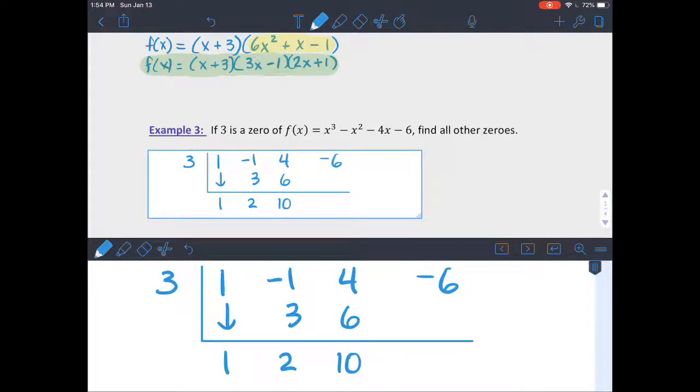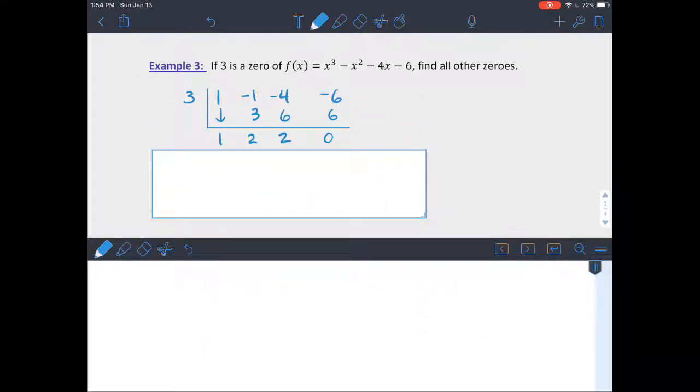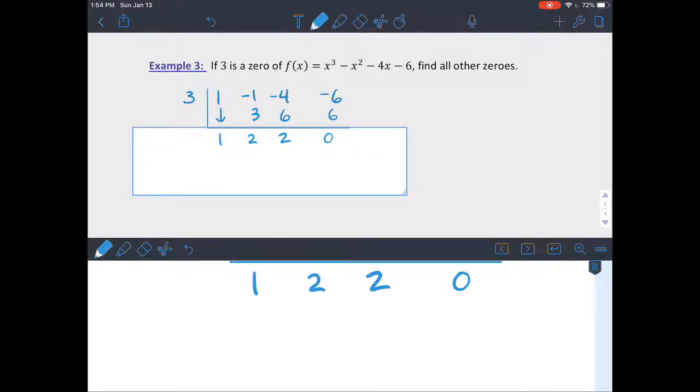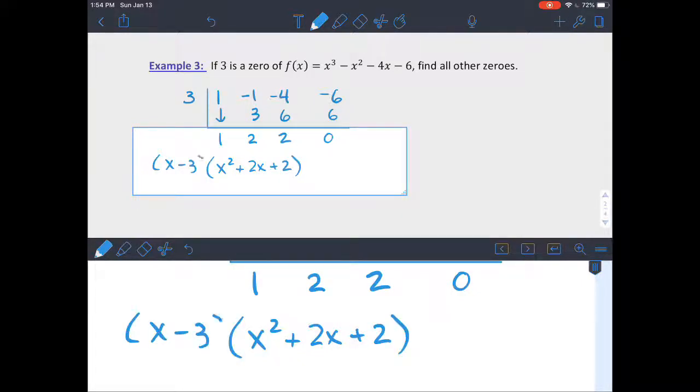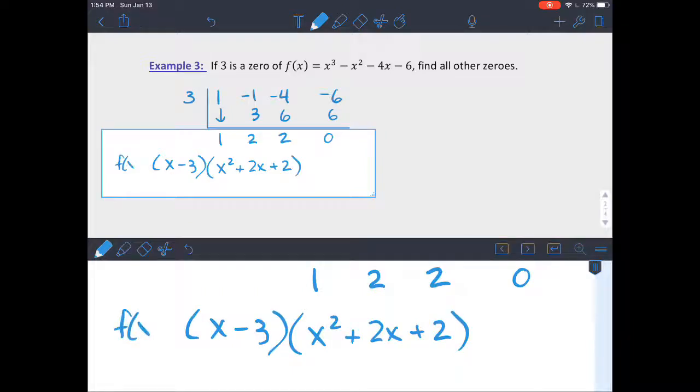And then hopefully we should get something that we can either factor and find the zeros of, or set equal to 0 and use a different method to find the zeros of. So divided by x minus 3 means I can rewrite my original polynomial as x squared plus 2x plus 2 times that x minus 3.